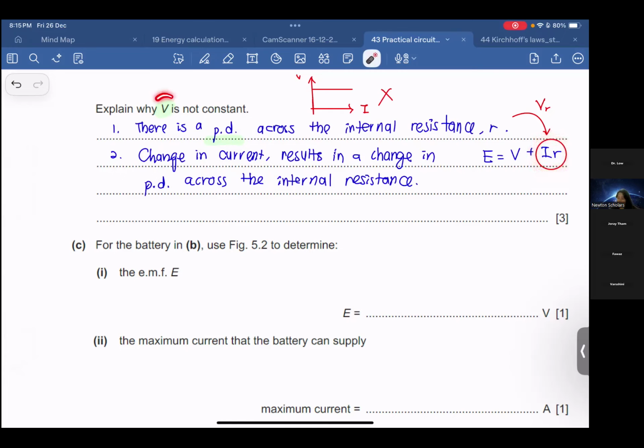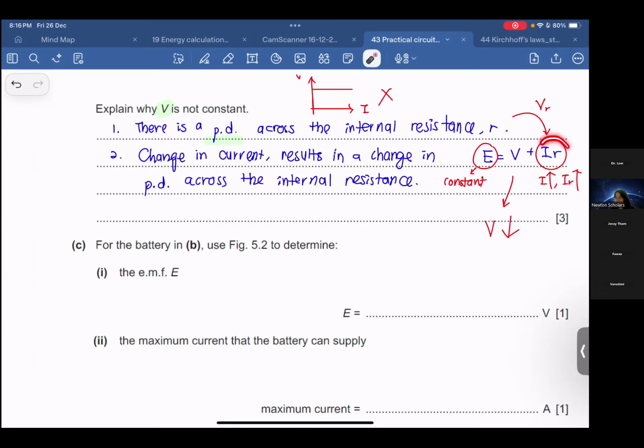Then the third point, why V is not constant. When the voltage across the internal resistance is increased, because I increases, then your Ir also increases. So your V here will drop. It will change because your EMF here is a constant, unchanged.